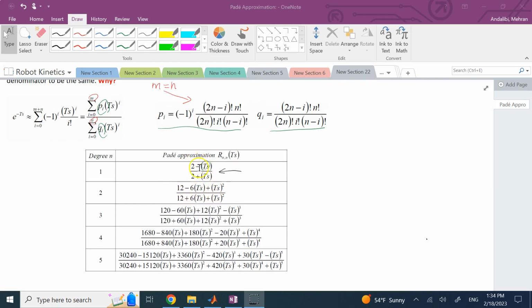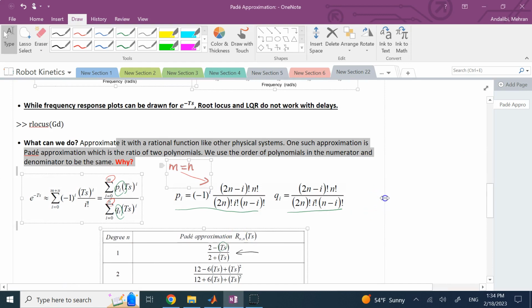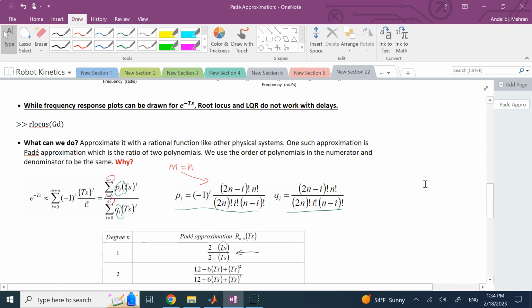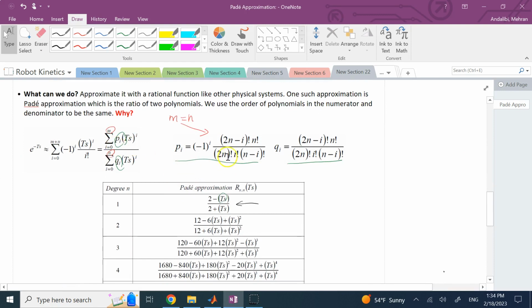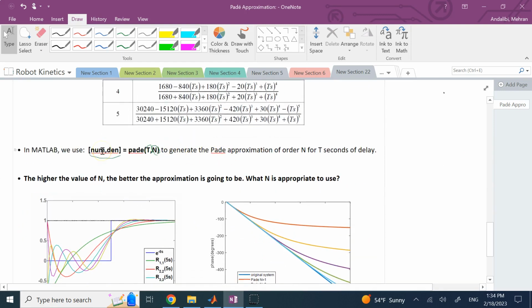So in this case, basically, if we want order 1, let's say m and n equal 1, you can use 4 unknown coefficients, then set it equal to the Taylor or Maclaurin expansion of e to the negative ts up to the order 2, which is m plus n, 1 plus 1. And by setting those polynomials equal and finding the unknown coefficients, you can find formulas like this, okay? But here, we're going to save the time and not go over that one. So this is how you can determine these coefficients, or as I said, we can use MATLAB, which I'm going to show you right now.